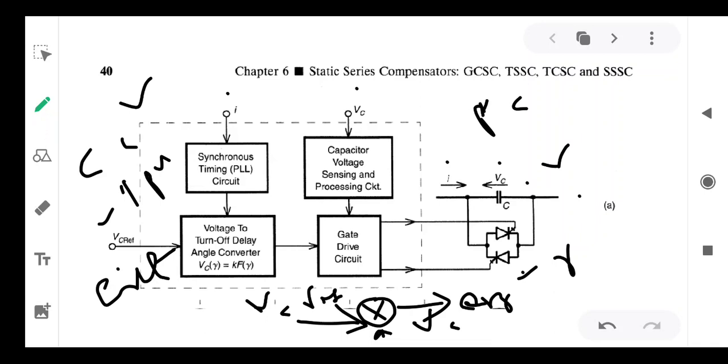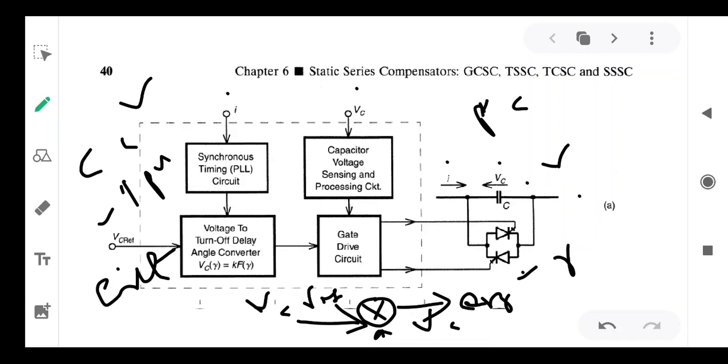That error signal is given to somewhere here, from which we will obtain the required VC, that is the voltage across the capacitance, as a function of gamma that we have already discussed in the previous video.